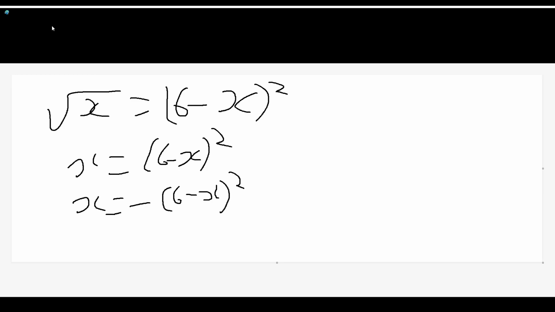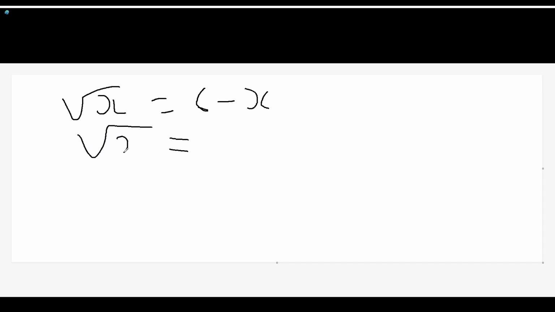Now, to get around this, what we're going to do is substitute in this equation root x for y.